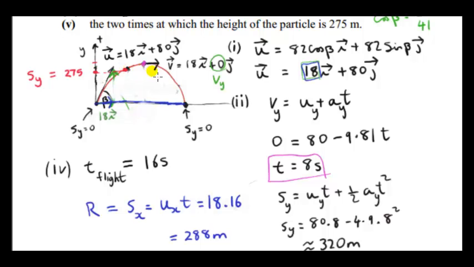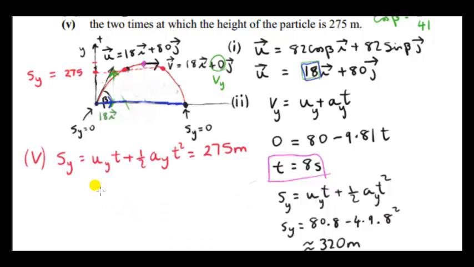So when the particle is at this position and when it's at this position over here, the height is 275 meters. So here's the formula for the distance travelled in the y direction, and we want that distance to be 275. So uy is 80. Half ay we've seen several times is minus 4.9. So we have to solve this quadratic equation for the time.